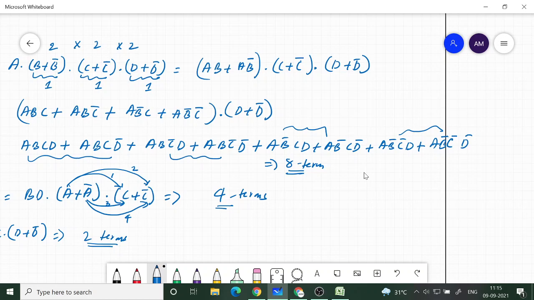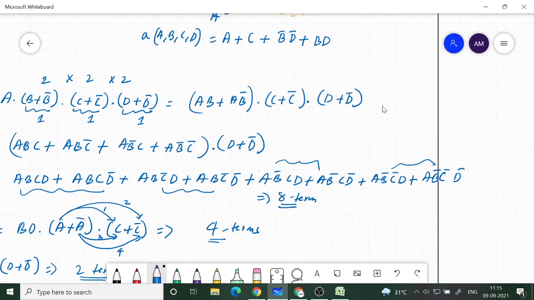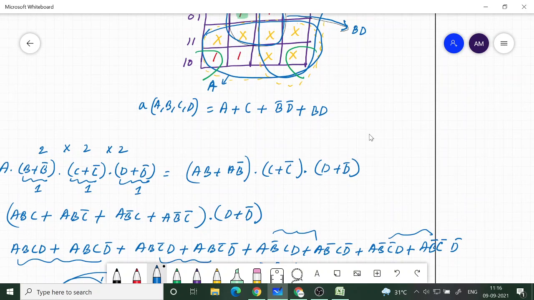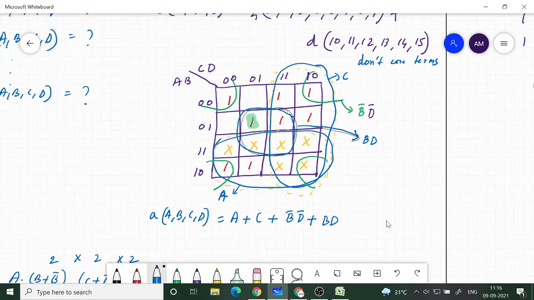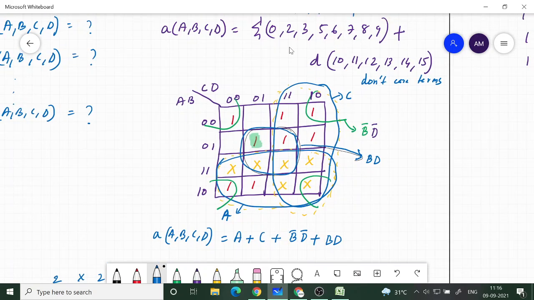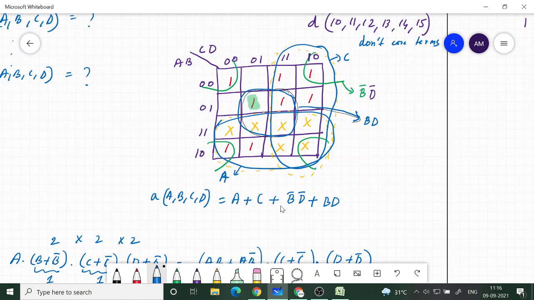Boolean algebra you can do using the postulates and theorems, but the systematic way is to use a K-map and get the simplification. This is very, very basic. Everyone should understand how to simplify the given boolean expression. Given the expression in the form of minterms and don't cares, they can be simplified to get the simplest expression.